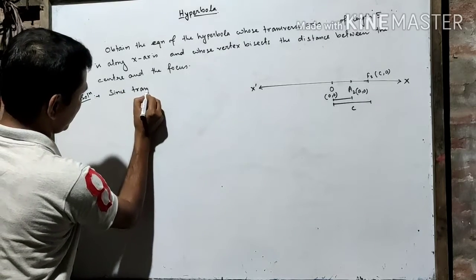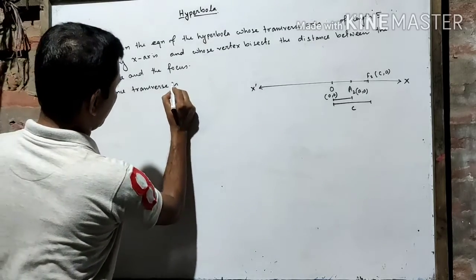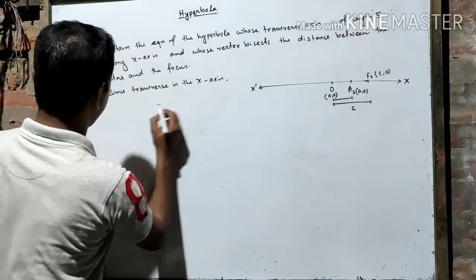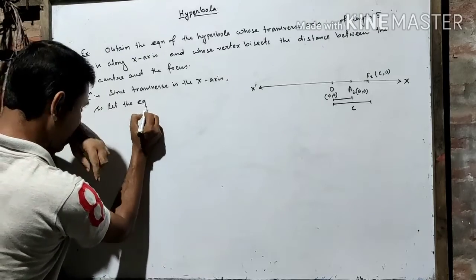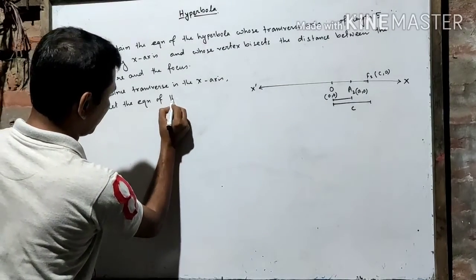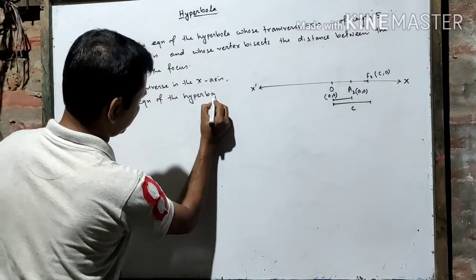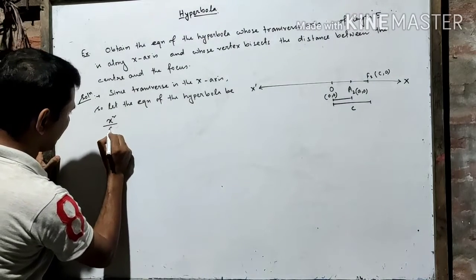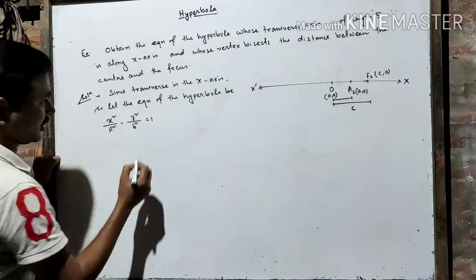So the transverse axis is the x-axis, so let the equation of the hyperbola be x square by a square minus y square by b square is equal to 1.